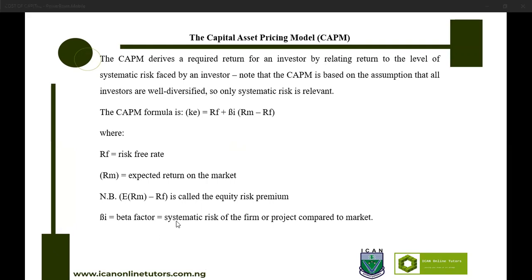By relating return to the level of systematic risk faced by investors. Note that the CAPM is based on the assumption that all investors are well diversified, so only systematic risk is relevant.